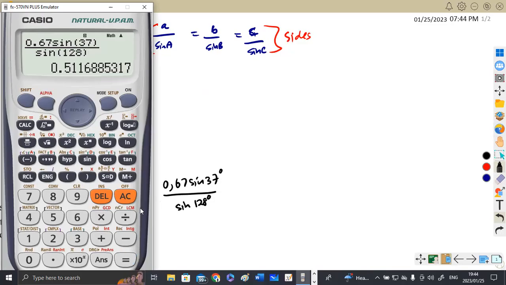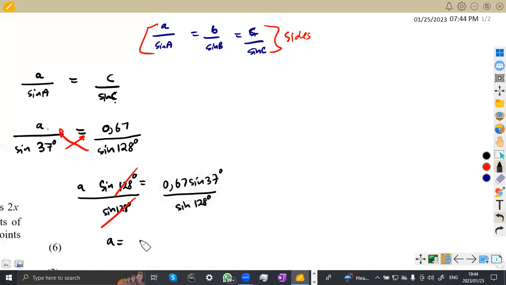This is going to give us 0.5115, which we can round to 0.512. This is in kilometers. So that's the distance of C from A, from B, which is 0.512 kilometers.